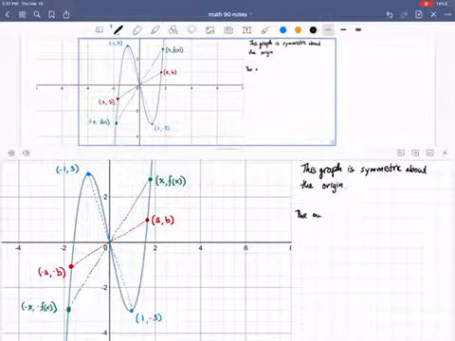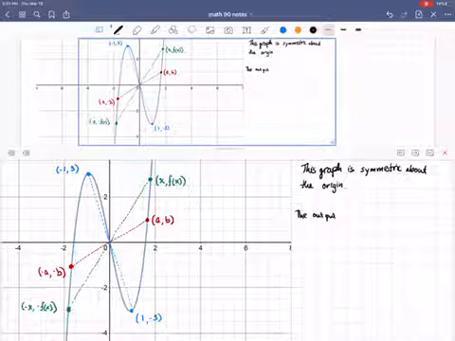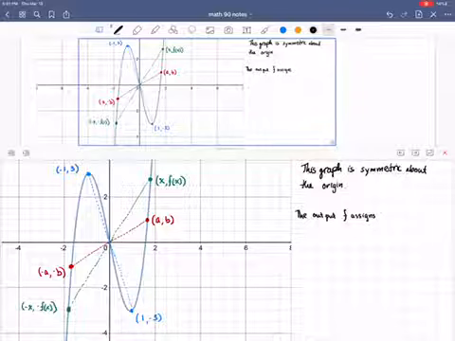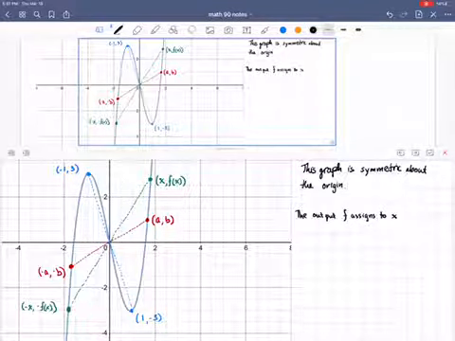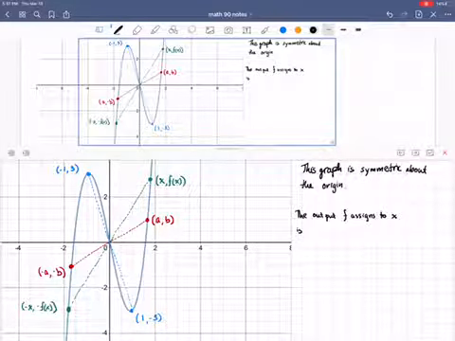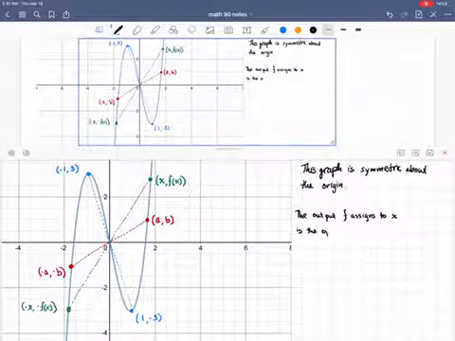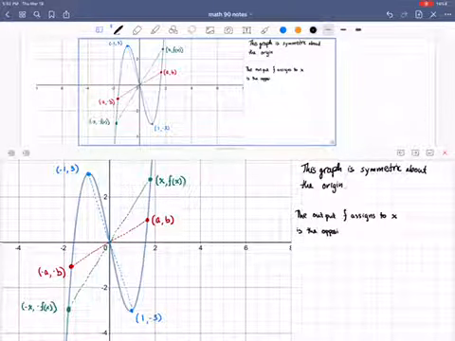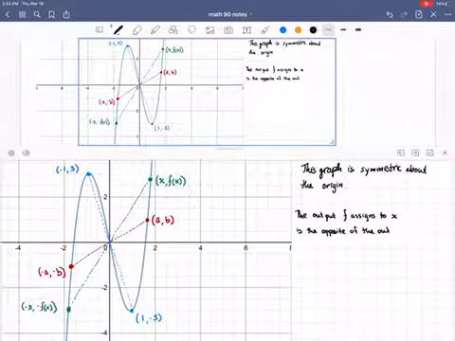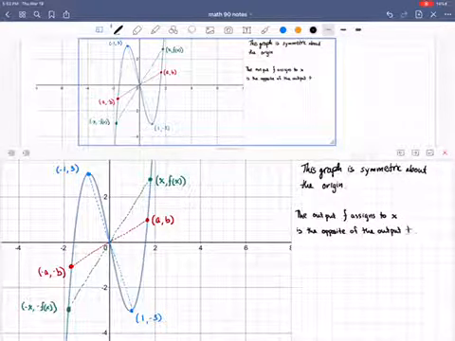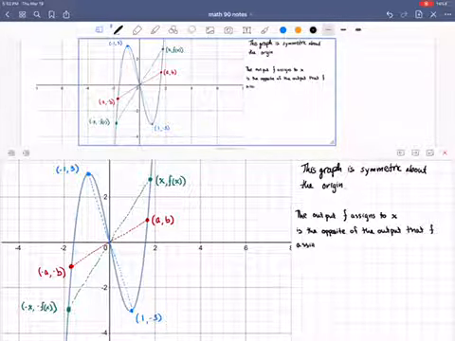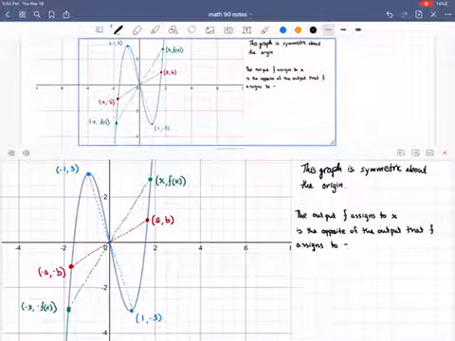The output that f assigns to x is the opposite of the output that f assigns to -x.